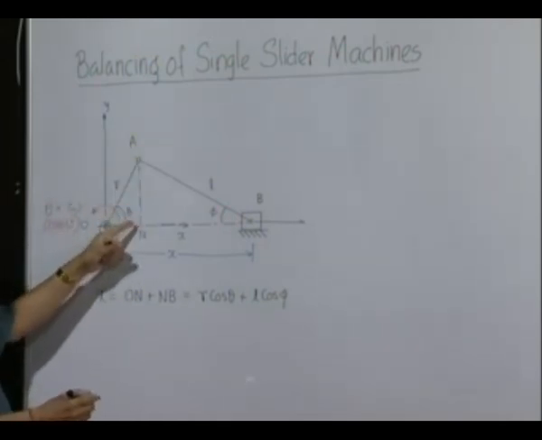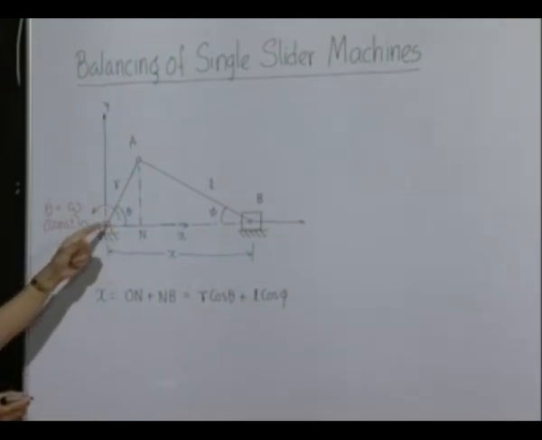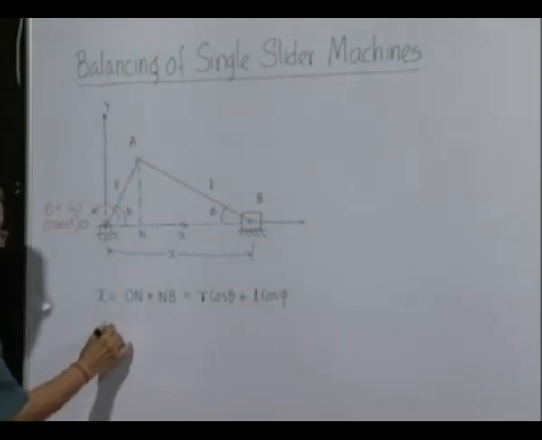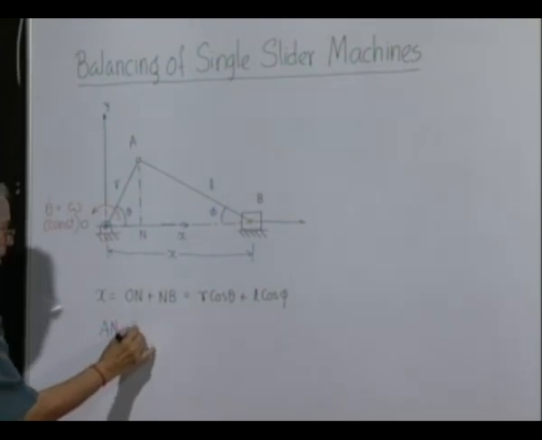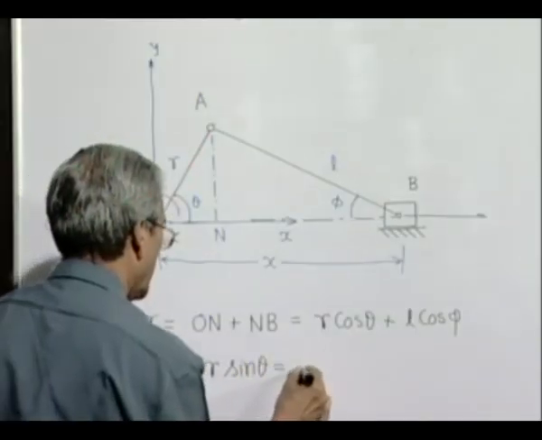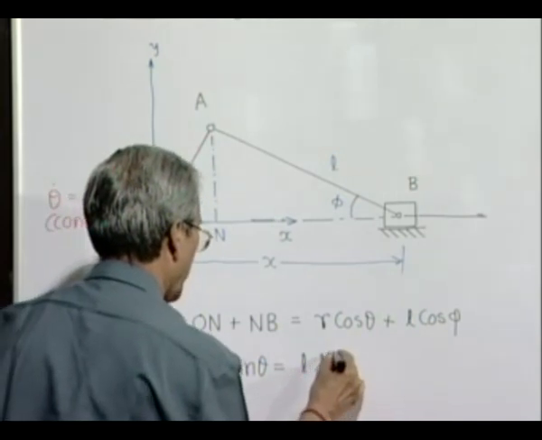If you drop a perpendicular from A on this line, this length AN is equal to R sin theta and is also equal to L sin phi.